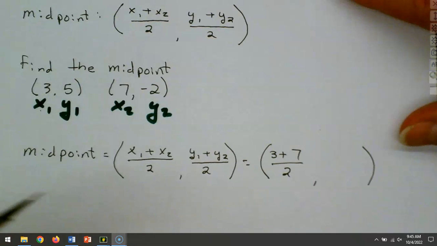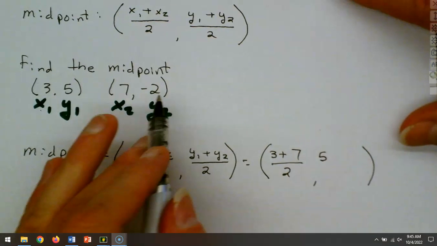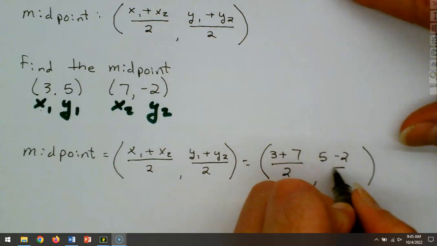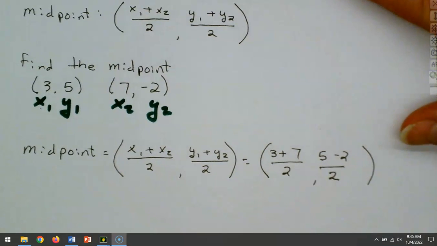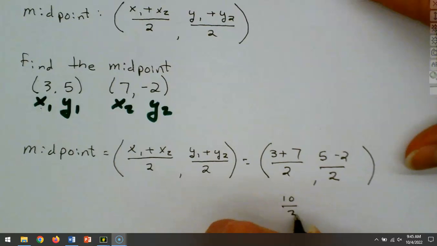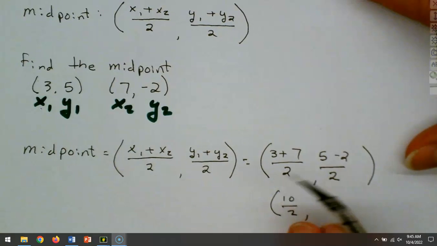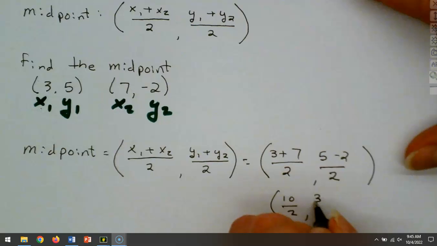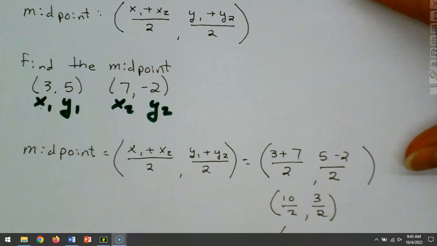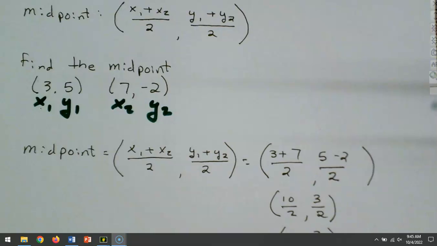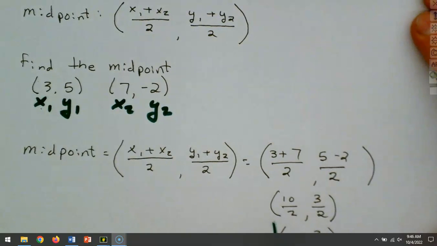And the y's, we have a 5 and a minus 2, over 2. And we know that 3 plus 7, well, that's a 10 over 2. And 5 minus 2, that's a 3 over 2. 10 over 2 breaks down to a 5, so that's going to be 5, 3 halves. And that is your midpoint.